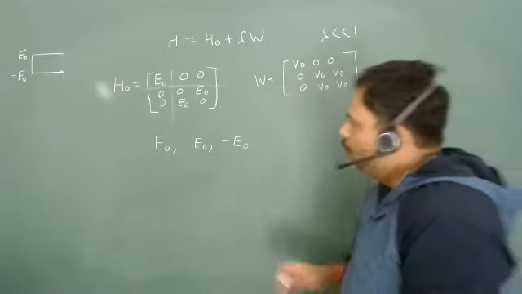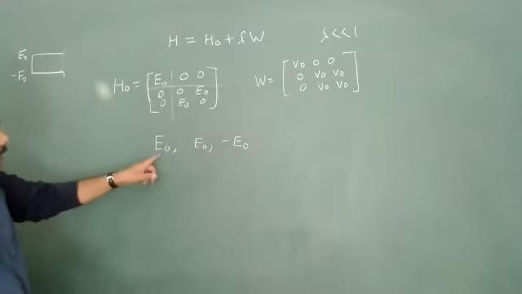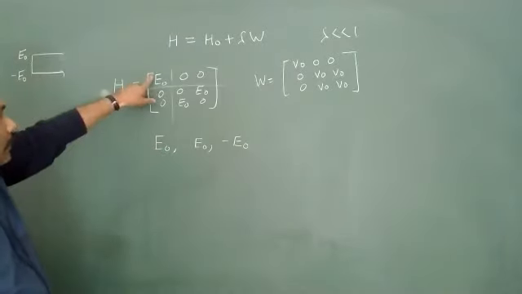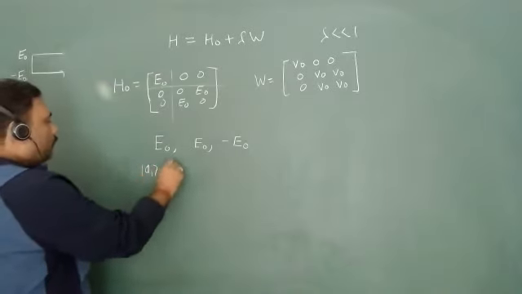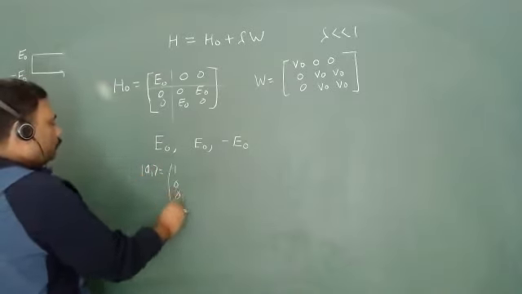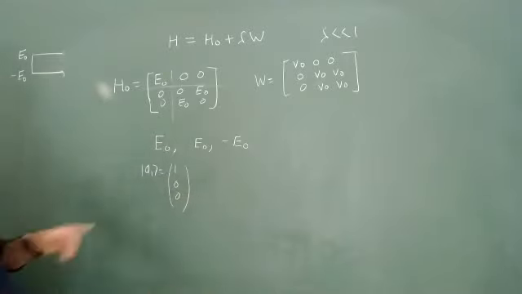Okay, so what we have to do, we can easily calculate the eigenvectors. This eigenvalue is coming from this one, so the eigenvector is, let's say, phi 1 equal to 1, 0, 0. We have done this in our first class itself.